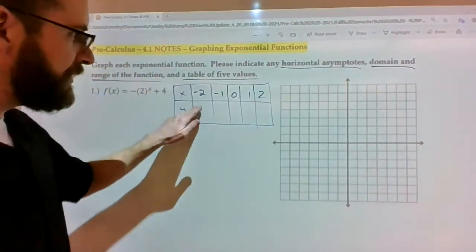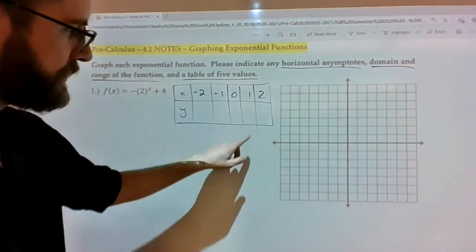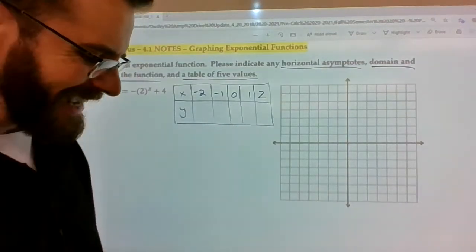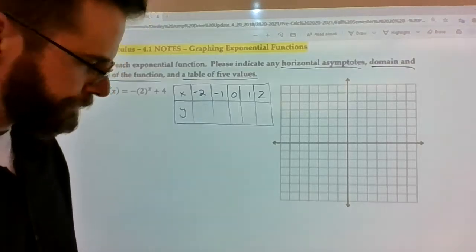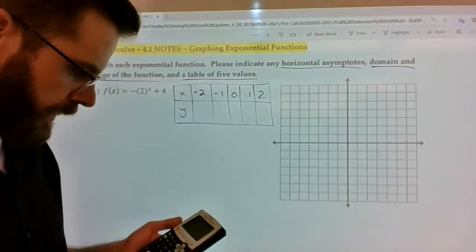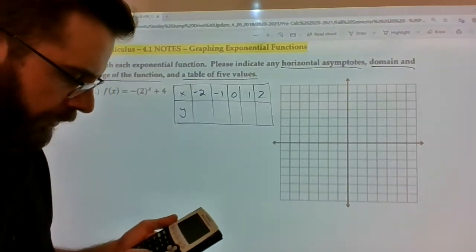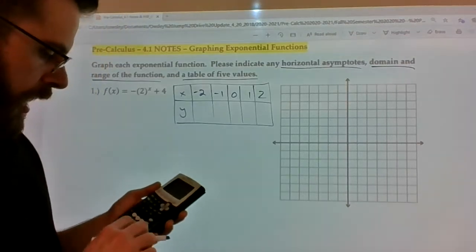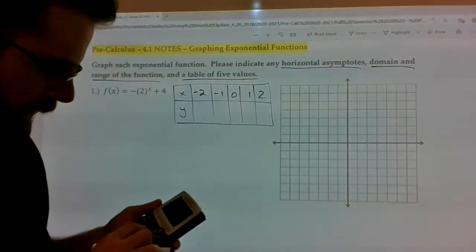So for the most part, these are going to be the points of interest for us. If I type that into the table function of my calculator, don't forget parentheses where applicable. They are important.